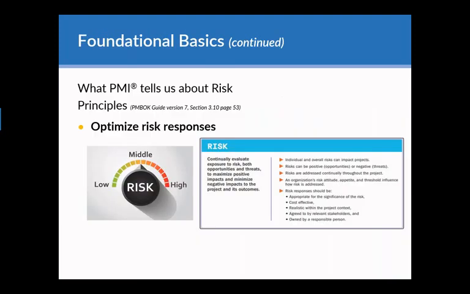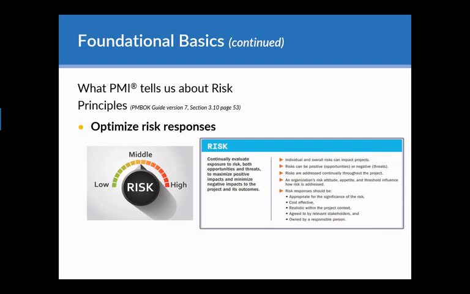PMI is considered a standard, and PMI has different levels of addressing risk or uncertainty throughout the PMBOK Guide and throughout different versions. Version 7, which is the current one, has 2 layers.